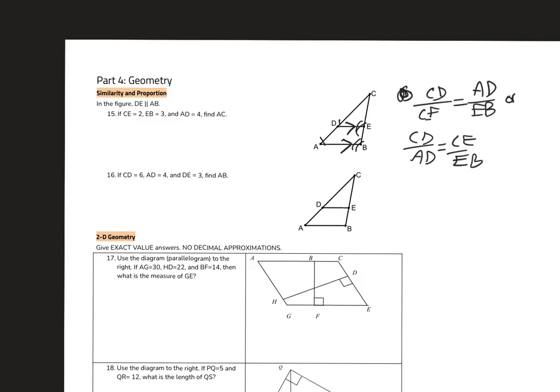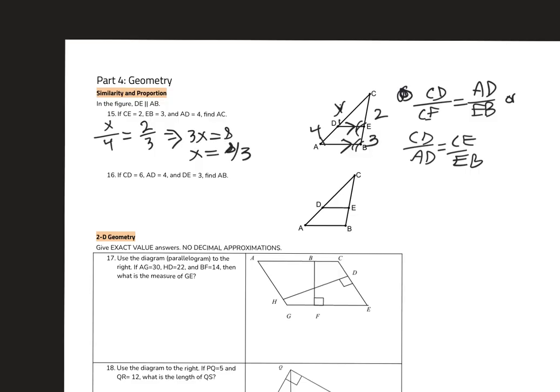Okay, so we also know that CE is equal to 2, EB is equal to 3, AD is equal to 4. This is X that we're looking for. So we can say that X over 4 is equal to 2 over 3, which means that with cross multiplying, 3x is equal to 8, so x is equal to 8/3.